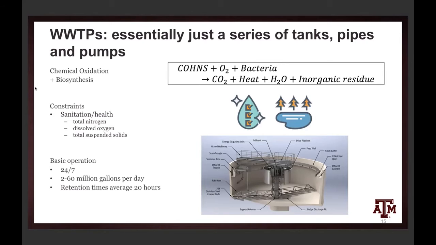More often than not, you'll get distributed plants of a median size. And then finally, the retention time of the water throughout the whole process is on average about 20 hours. So the amount of time it takes for the water to go through the plant, from when it is introduced, is just about 20 hours.